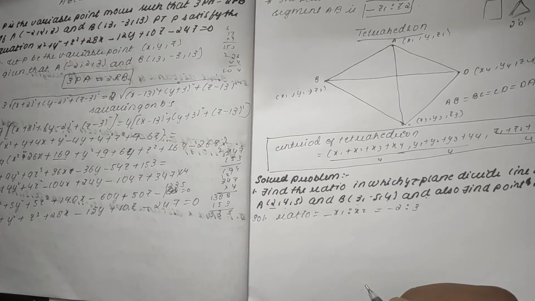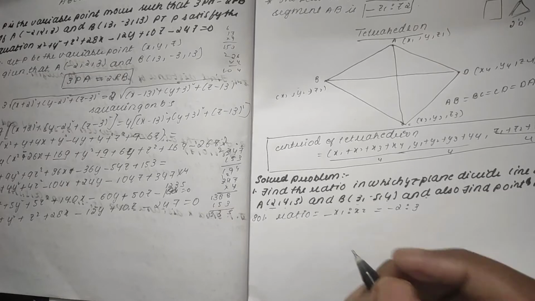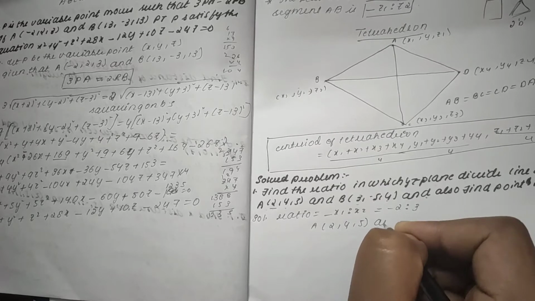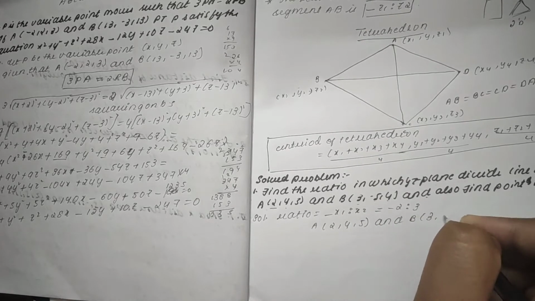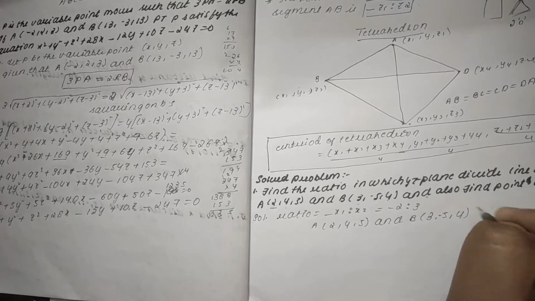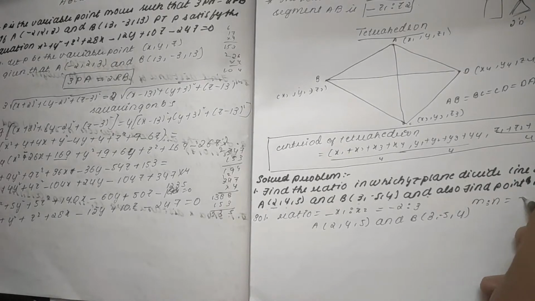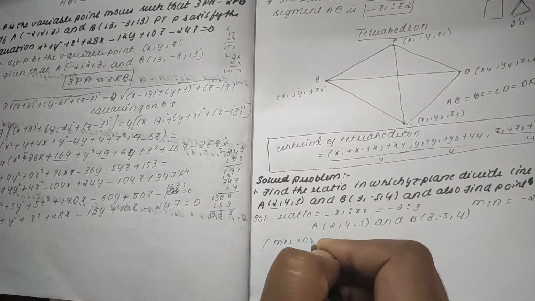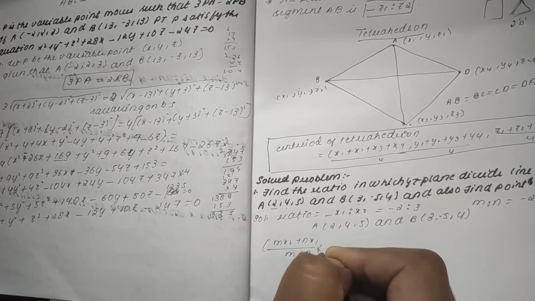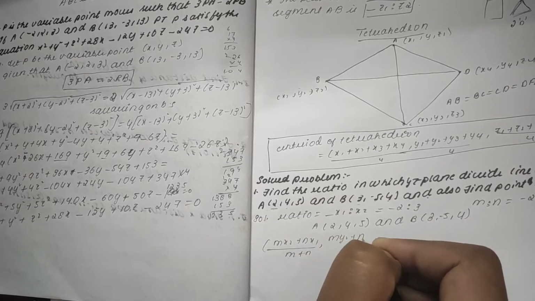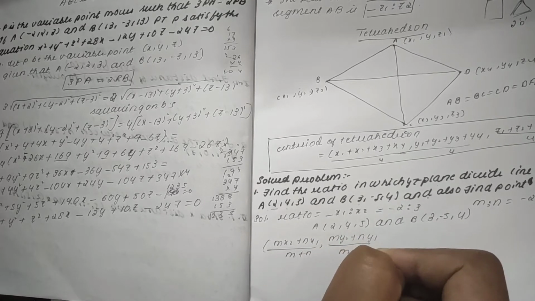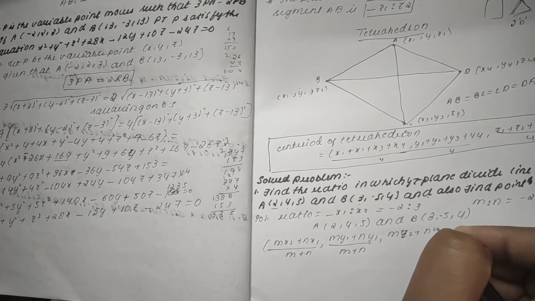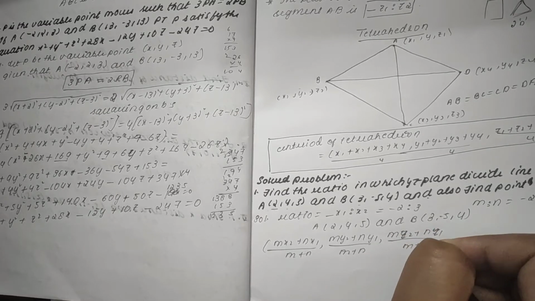In order to find the point of intersection, we are using section formula. A 2 comma 4 comma 5 and B 3 comma minus 5 comma 4. m is to n is equals to minus 2 comma 3. The formula is mx2 plus nx1 by m plus n comma my2 plus ny1 by m plus n comma mz2 plus nz1 by m plus n.